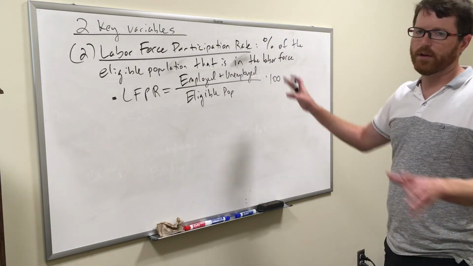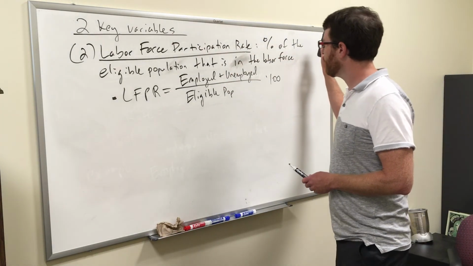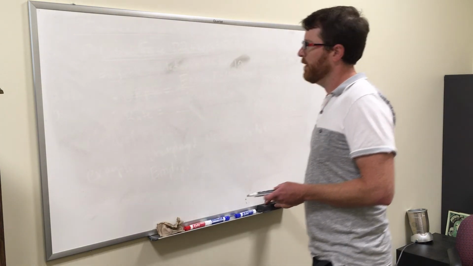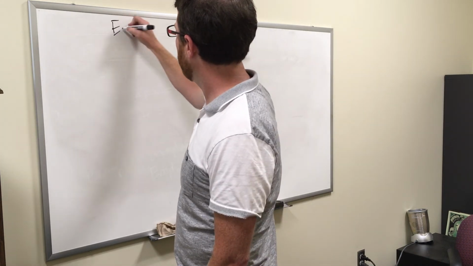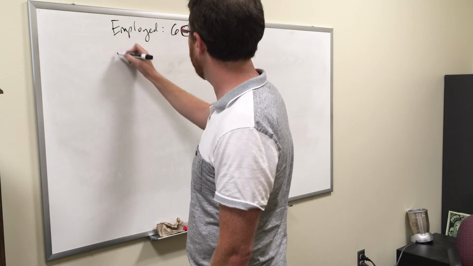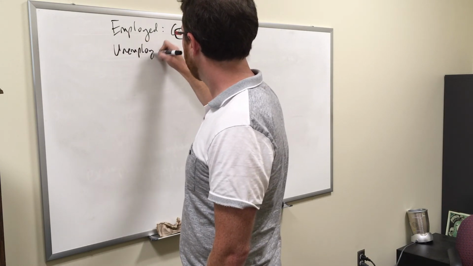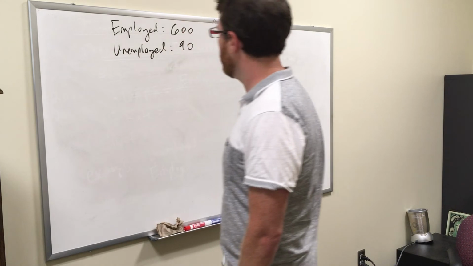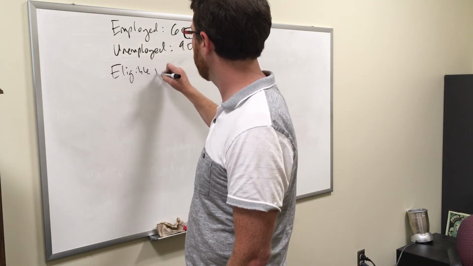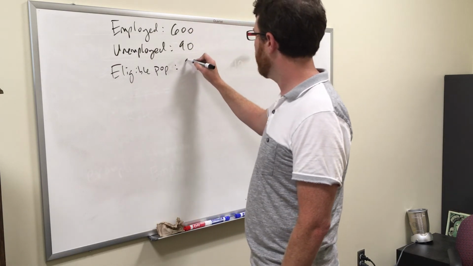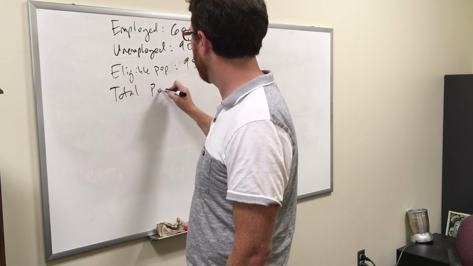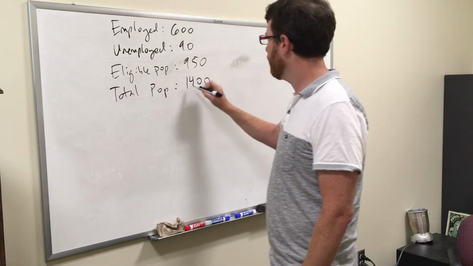I'm going to erase all this so I have some room. Some data that we might have for a given economy is maybe we have 600 people employed, we have 90 people unemployed, we've got an eligible population of 950, and we have a total population of 1,400, okay?